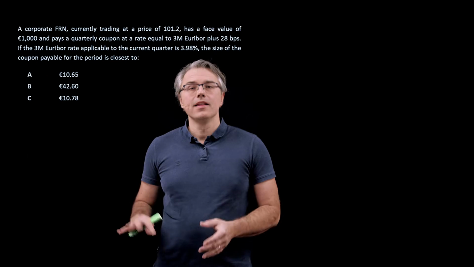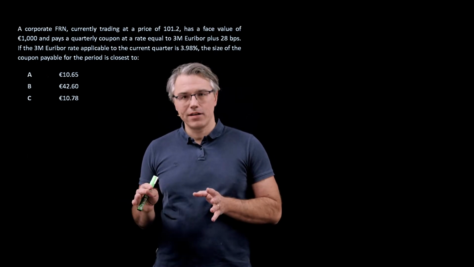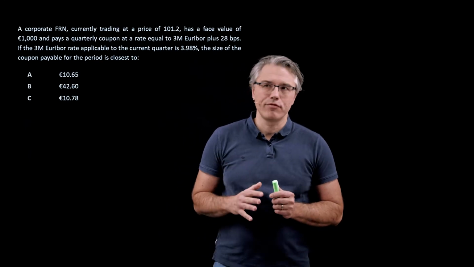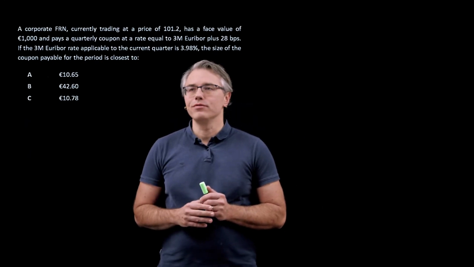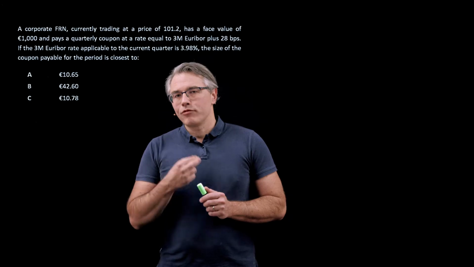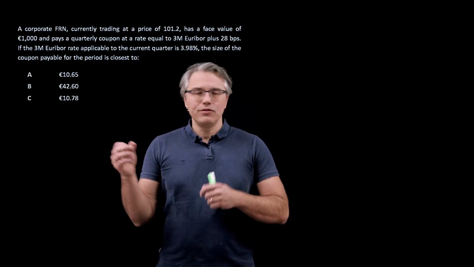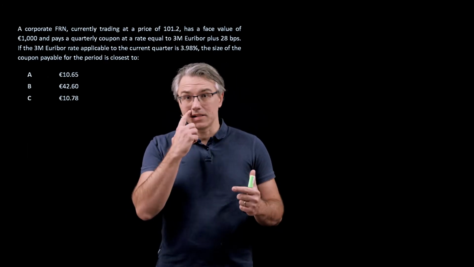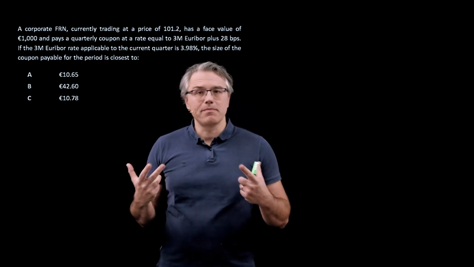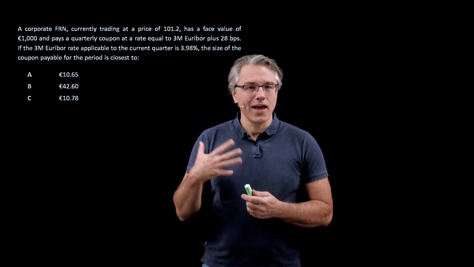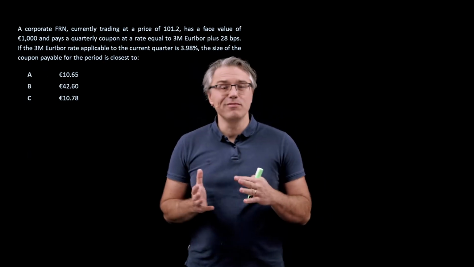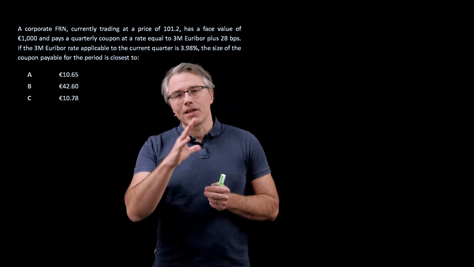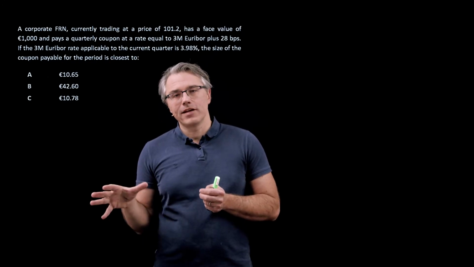Now, once again, the price is irrelevant, and just bear in mind that when you're given a price like here 101.2, what that price actually means is not $101.2 euros or something like that. It's actually quoted as a percentage of principal, everything to do with bonds, like the coupon rate, but also the price at which a bond trades is going to be expressed as a percentage of principal value or face value or par value.